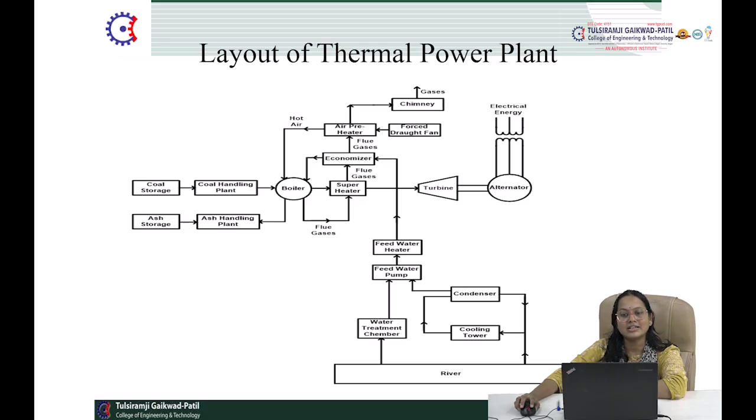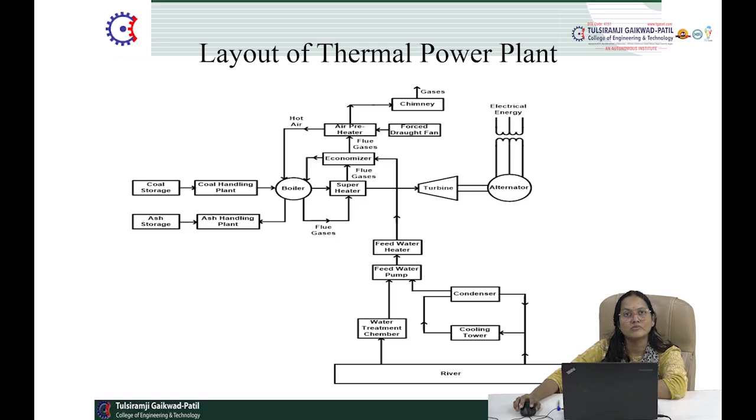Now similarly, let us see the function of the economizer. In the economizer we have water, and according to its function the economizer increases the temperature of the water. And in the boiler now the water, the natural air, and the coal will be there, right?